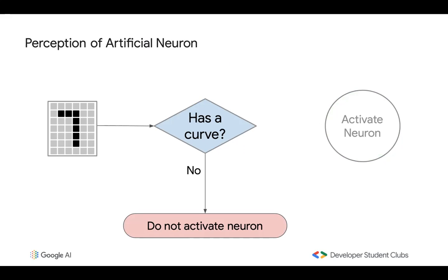An activation function that looks for a curve isn't a very straightforward mathematical operation, but you've got to realize that this neuron could be in a layer with a bunch of other layers before it, and it can use the information from those previous layers to decide whether or not this has a curve.